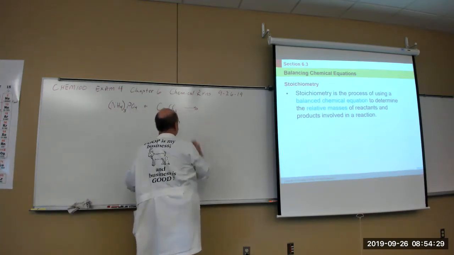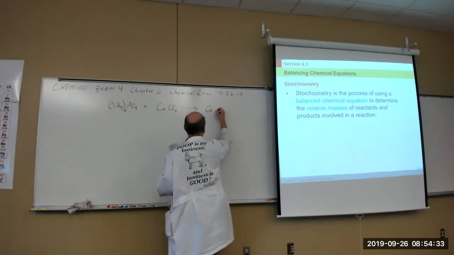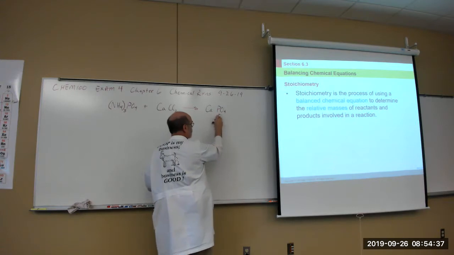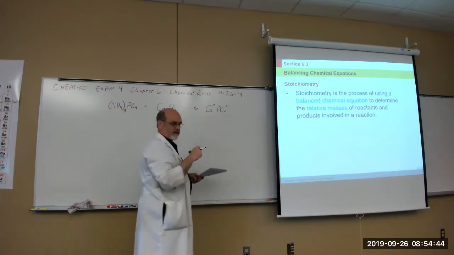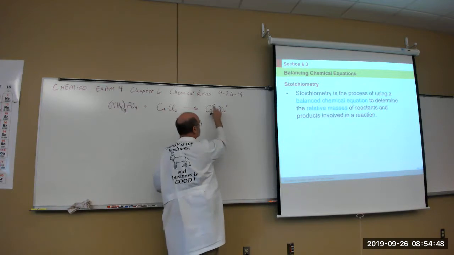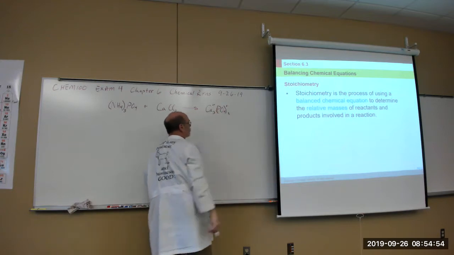Now, what are the products? The products are calcium phosphate. Right? So there's your polyatomic with a 3 minus charge, 2 plus here. So how do you get that one to balance? Of course, multiply. So you need 2 of these for that one, and 3 of these for that one.